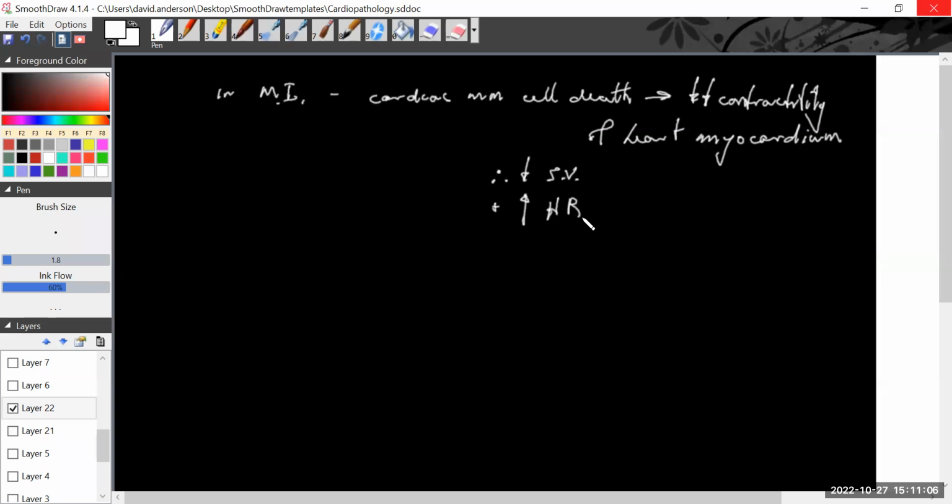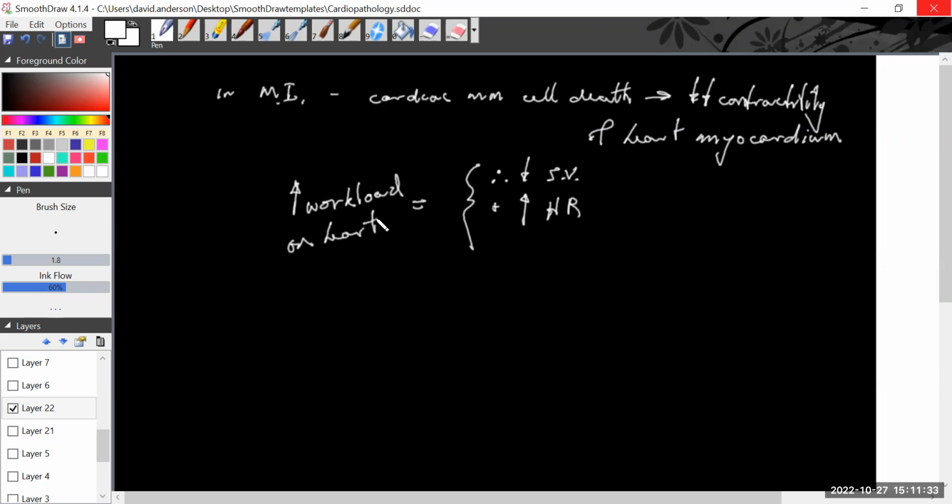So during a heart attack, your patient is going to have an elevated heart rate. Not only are they in a lot of pain, and acute pain we know stimulates our sympathetic nervous system, but we're also going to be trying to compensate. So these things equal an increased workload on the heart.